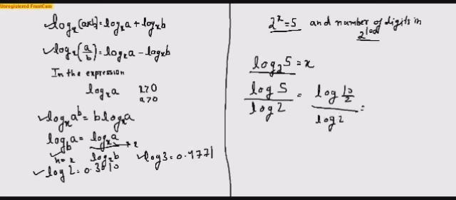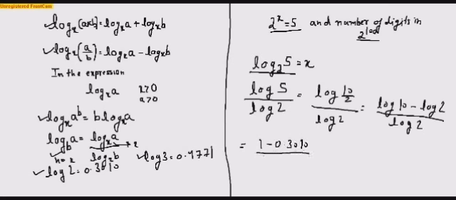Now log of 10 by 2 by the division formula becomes log of 10 minus log of 2 upon log of 2, which in turn becomes log of 10 is 1 because base, once again let me remind you, is 10. Log of 2 is 0.3010 and log of 2 is again 0.3010.